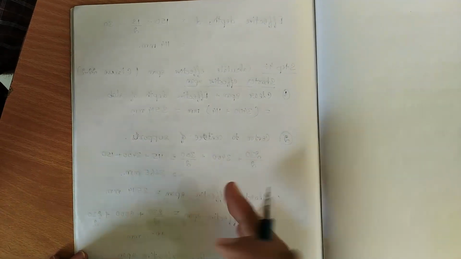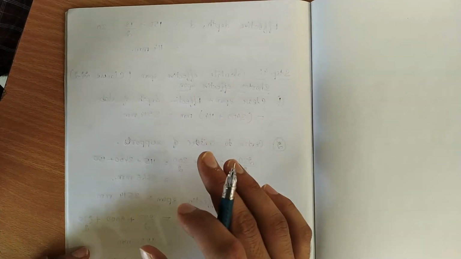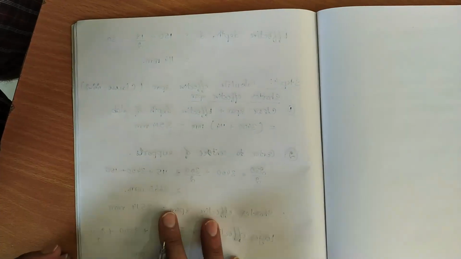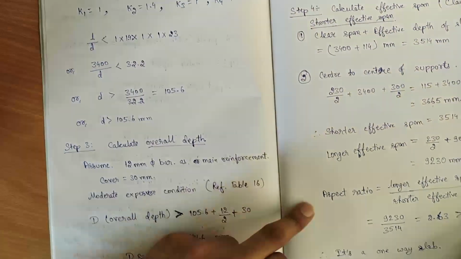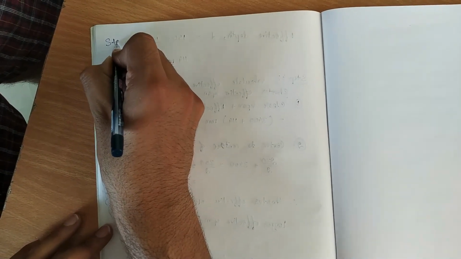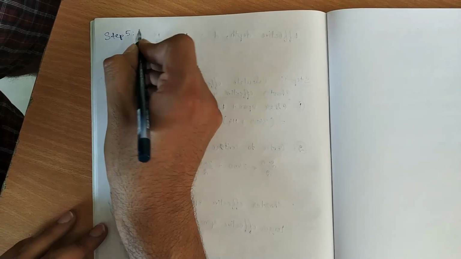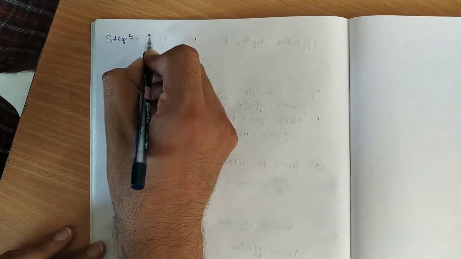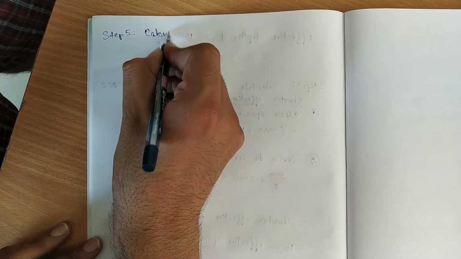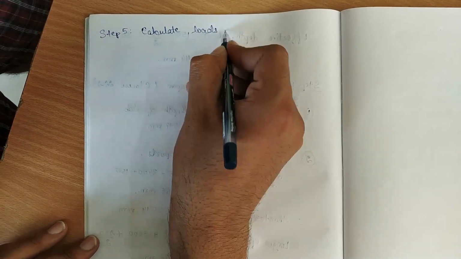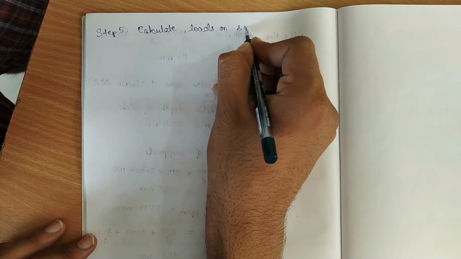So now what we need to do is to calculate the loads on slab. So our new step will be step 5. Step 5, which is calculate loads on slab.